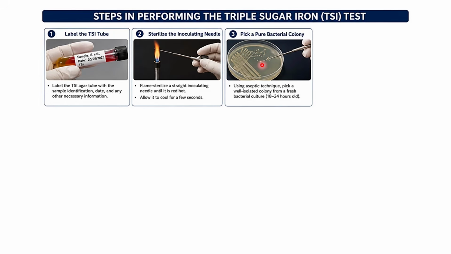The third step, using aseptic techniques, we pick a well-isolated colony from a fresh bacterial culture, which is a bacterial culture grown in the lab within 18 to 24 hours.